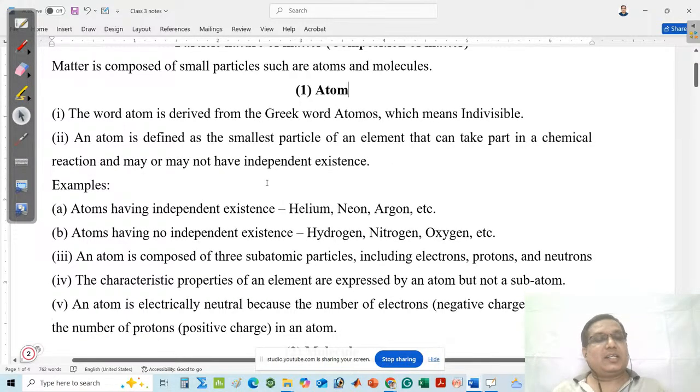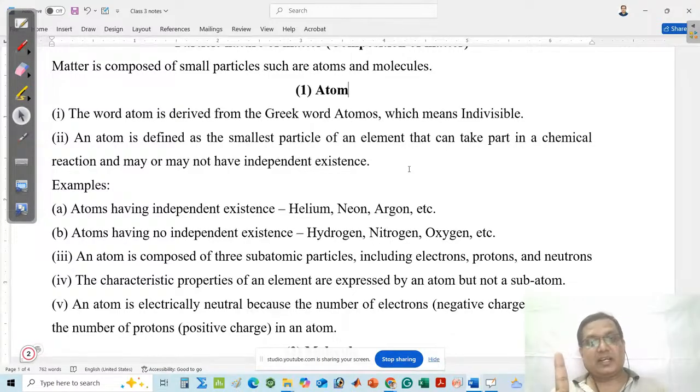Next, what is an atom? An atom is the smallest particle of an element that can take part in a chemical reaction. It may or may not have independent existence. Remember 3 points. Point 1, the smallest particle of an element. Point 2, takes part in the chemical reaction. Point 3, may or may not have independent existence.